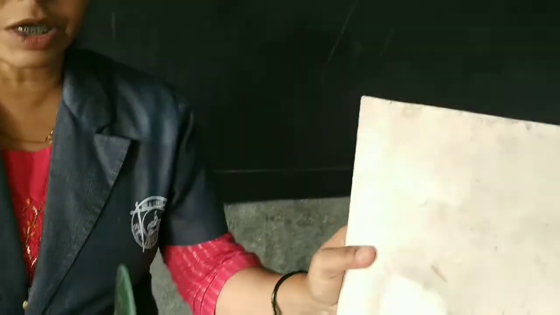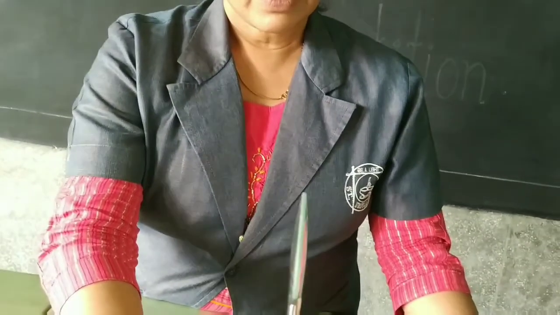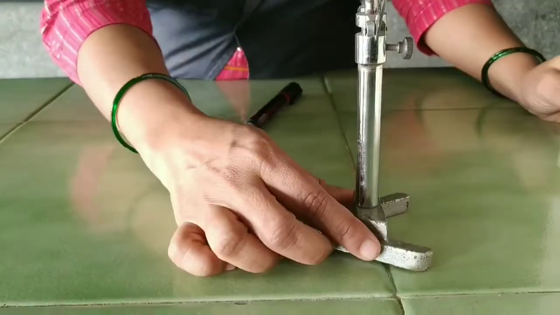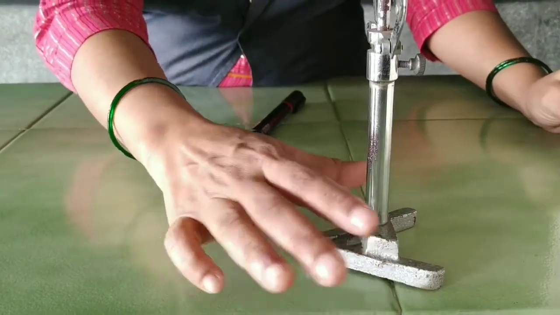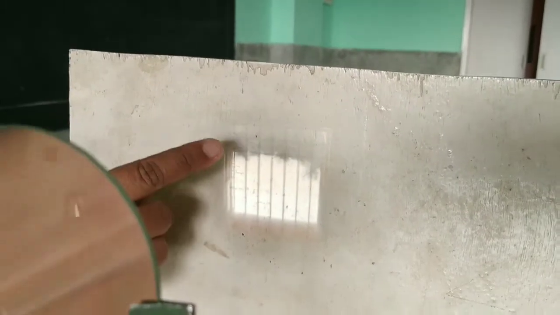We'll place the screen here, and now you could see, we are going to place the stand in between, on the table, as well as the screen. On the screen you could see an image which is a little blurred. You have to concentrate on the window or the tree.